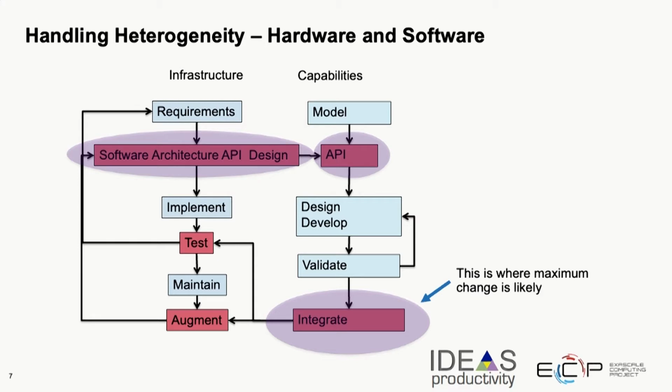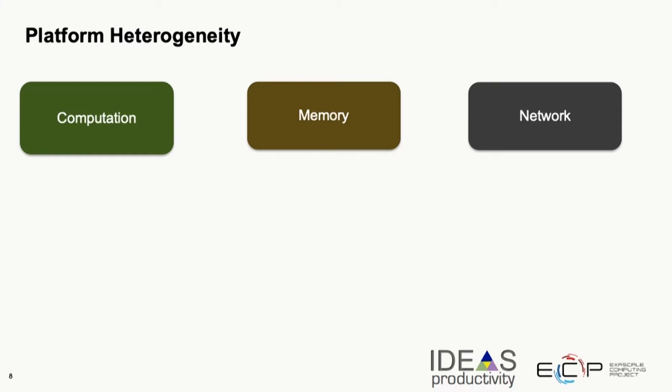And this is where the maximum change happens, and that is in terms of integration. And as I go more into the details of designing for heterogeneity, you will see why this is the case. So, keep this diagram in mind as you listen to the portions where I am talking about designing for heterogeneity.